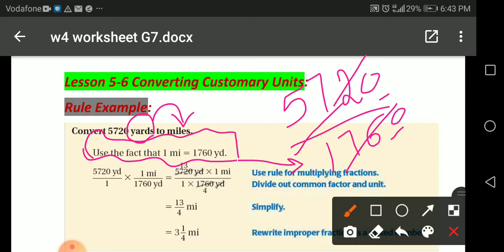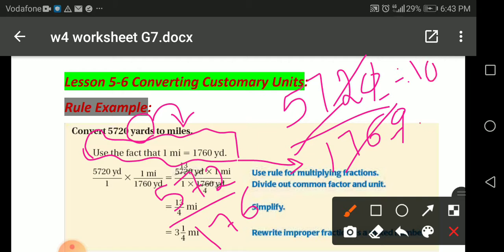So it would be 572 over 176, cancelling the 0 with the 0, divided by 10, divided by 10.